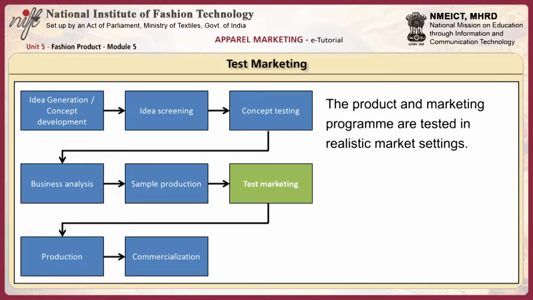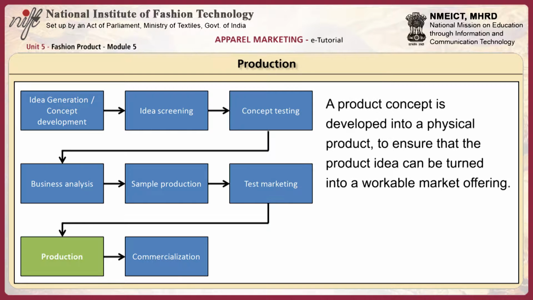The next stage is test marketing. The stage of new product development in which the product and marketing program are tested in realistic market settings. Then naturally, once it passes through the test marketing, the next stage is production.